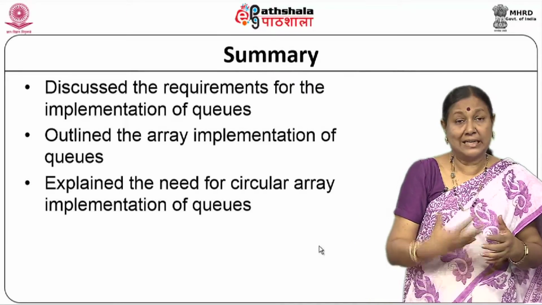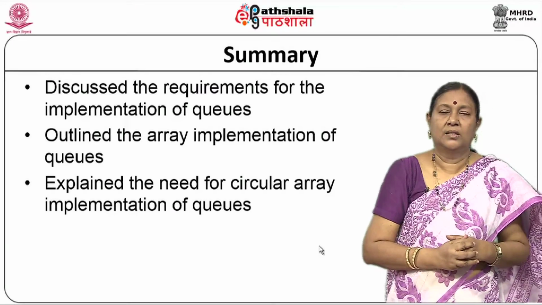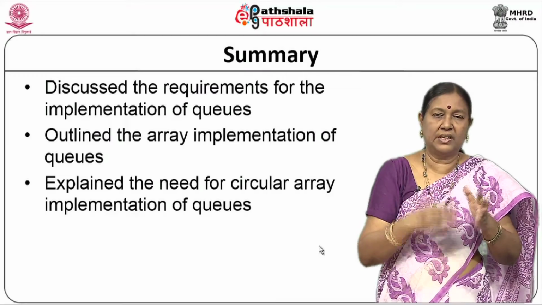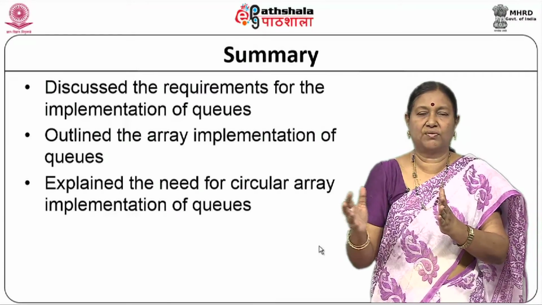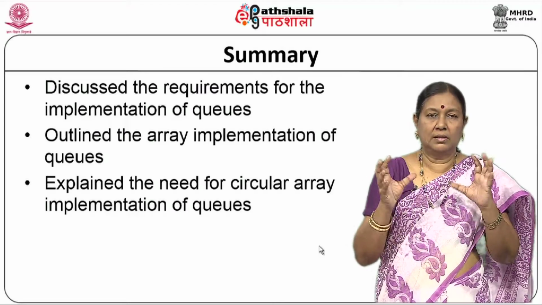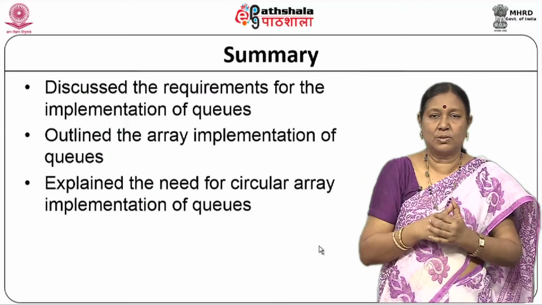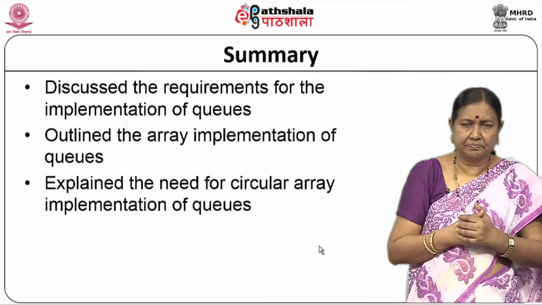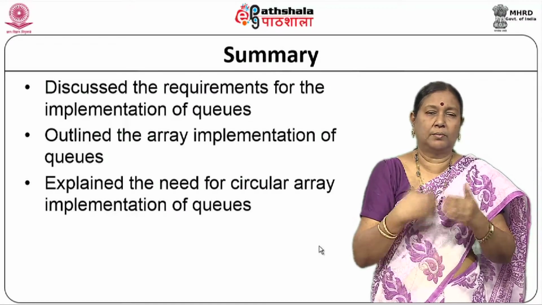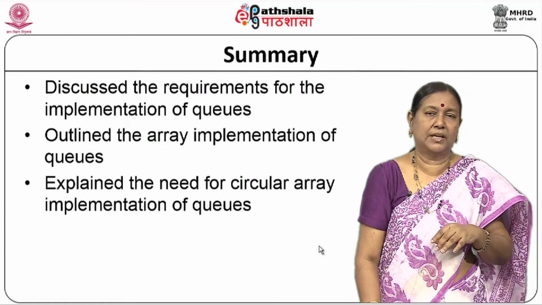Explain the need for circular array implementation of queues. So, here we took a simulation, we did a series of operations where the front was shifting and the rear was also shifting, and we found a queue full signal though it contained only one element, the capacity was actually 4 or 5. So, we said that that was the motivation for going for circular array implementation of queues.